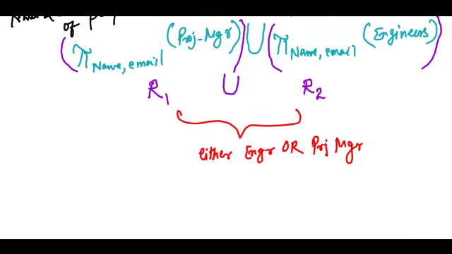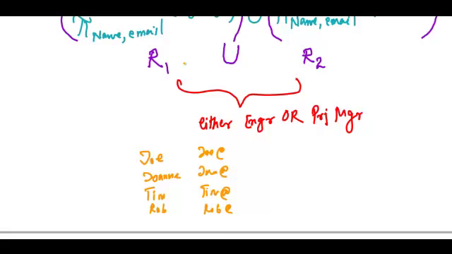Okay, so the result of this would be Joe at something, Joanne at something, Tim at something, and Rob at something. So this is the result of above query.